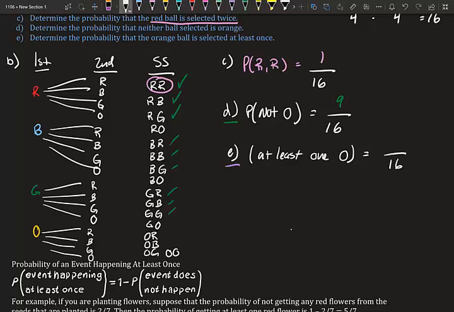So out of our 16, let's see how many have orange. This one, this one, this one, this one, this one, this one, and this one. So everything with an O, we have 1, 2, 3, 4, 5, 6, 7. 7 out of 16 have an orange in it.